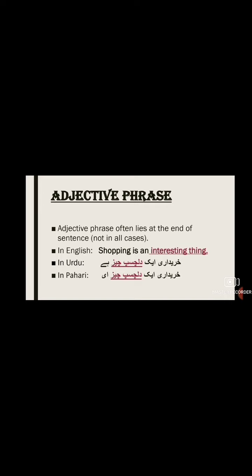If we see the structure of the phrase, it is the same as English. The structure of the English adjective phrase and the Urdu adjective phrase is similar. And if we see the structure and position of the adjective phrase in Pahari, its position is also the same as Urdu, and there is no difference in the structure of the adjective phrase of Pahari, Urdu and English.